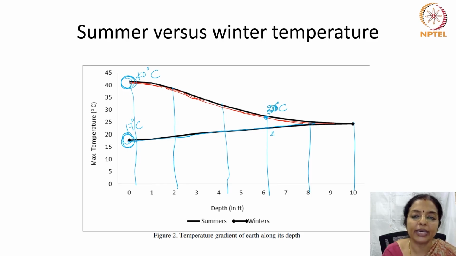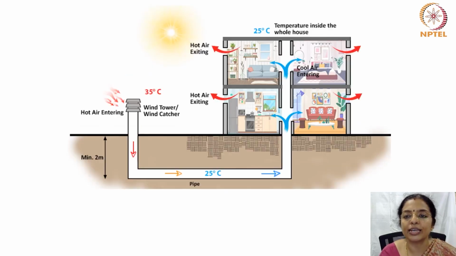And during winter, it is about 22 degrees centigrade. However, you can find that at a depth of 10 feet, whether it is summer or winter, the temperature remains the same. This is the principle that is used in this kind of advanced passive technique, which is the earth-air tunnel.